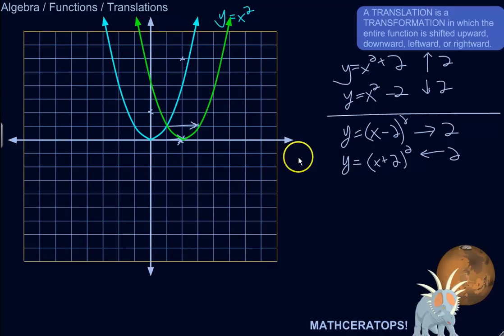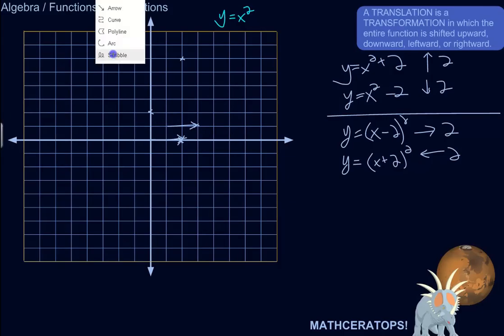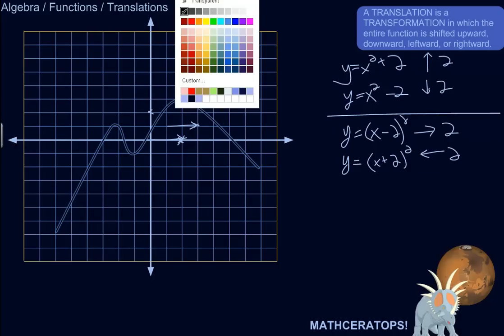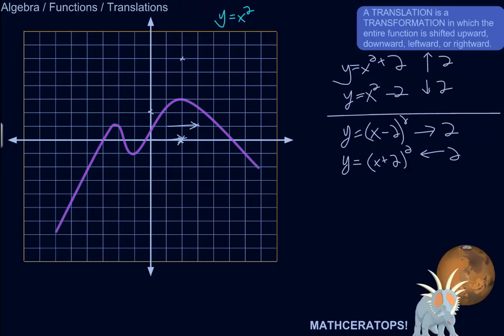Now let's just draw a random curve on here that represents some kind of bizarre function. So we've got a graph of a function. Let's call it g of x.